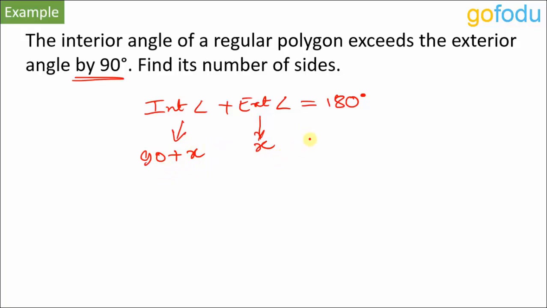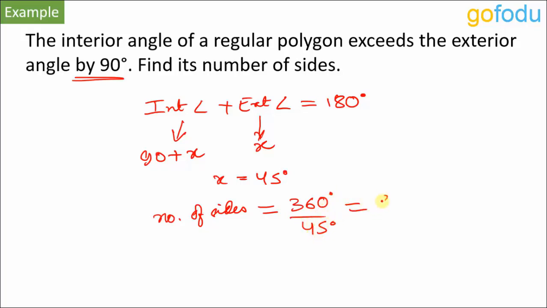So 90 plus 2x is 180 degrees. 2x will be 90 degrees. x will come out to be 45 degrees. So the number of sides will be 360 upon the exterior angle. This is the formula. So 360 degrees upon 45 degrees, which will give 8 sides. It's an octagon.